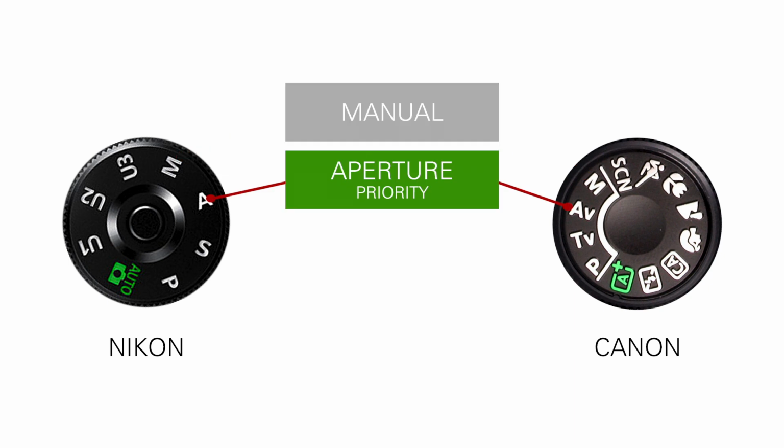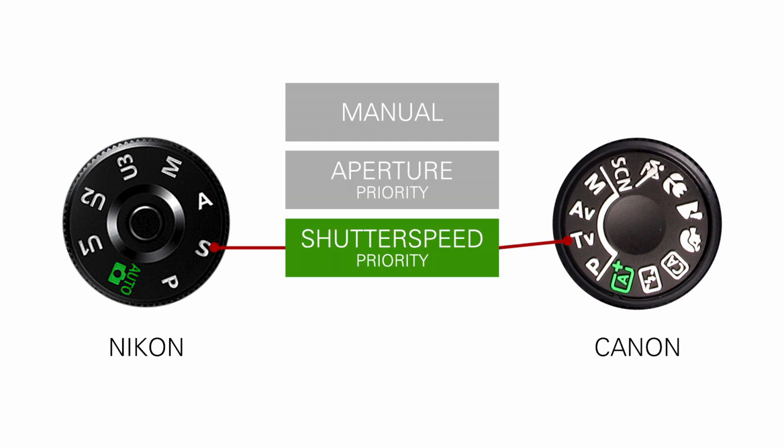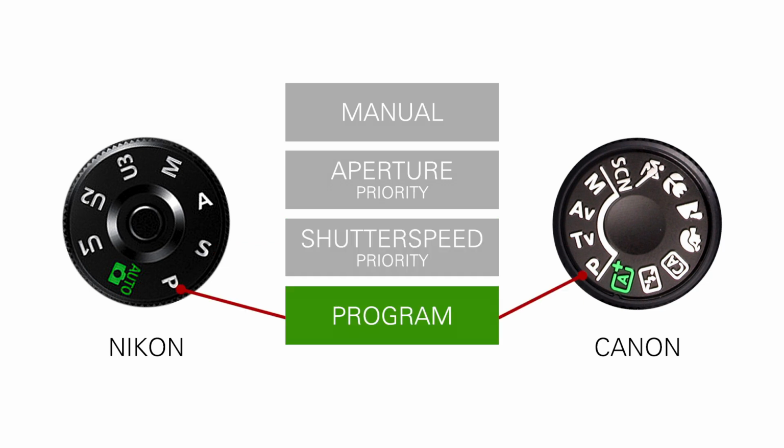Aperture priority, where you set the aperture and the camera will now try to determine the shutter speed. Or you can set it to shutter speed priority and the camera will in reverse then try to set the aperture. Or you set it to P, which doesn't stand for professionals, but stands for program mode, in which the camera tries to set up both aperture and shutter speed.